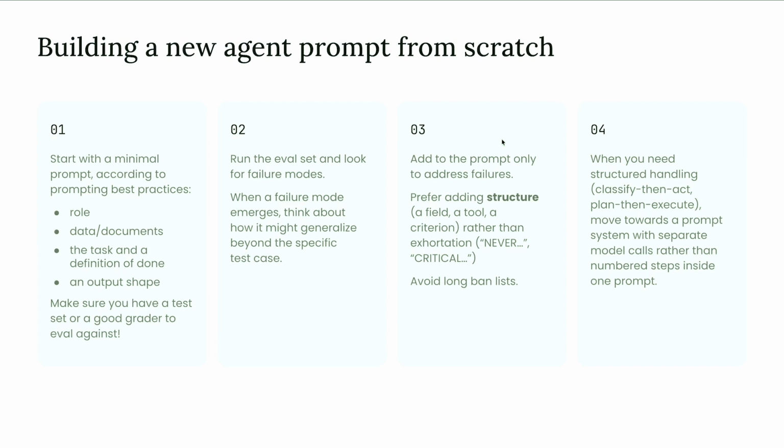We saw that general hygiene principles, following those can immediately uplift the performance against a set of evals, and that we need those evals to be able to rigorously see any impacts of changing our prompt on the output. Then we saw this process of targeting failure modes one by one, adding structure, avoiding long ban lists, etc., were all things that helped push our model to the correct behavior.